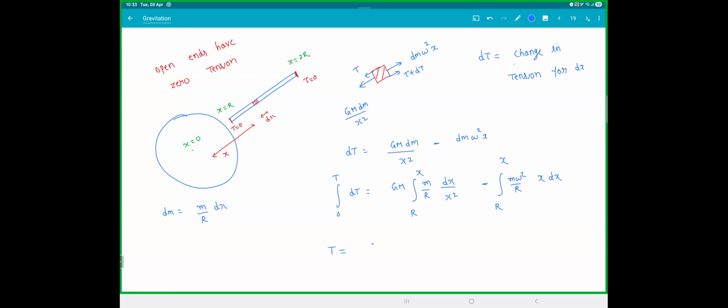This would give you tension T equals GMM by R times (1 by R minus 1 by x), minus M omega square by R times (x square minus R square) by 2. Check. This is your tension as a function of x. It doesn't look great, but yeah.